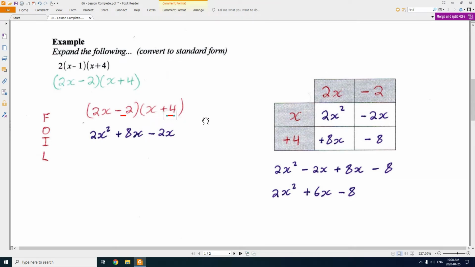And last terms: negative 2 times 4 gives me negative 8. So just go through, use FOIL, get your four terms. And like terms in the middle again, 8x minus 2x gives me 6x. And there's our expanded form, our standard form.